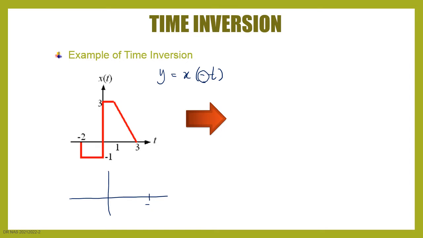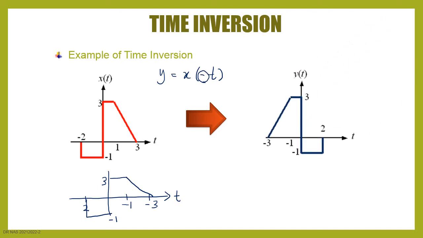So 3 becomes minus 3, 1 becomes minus 1, and minus 2 becomes 2, but the amplitude remains the same. Here the amplitude is 3, and the bottom one is minus 1. You need to rearrange the axis back. The final outcome will be this. You need to flip the negative axis to the left hand side and the positive axis to the right hand side.